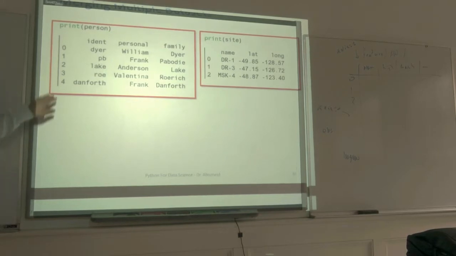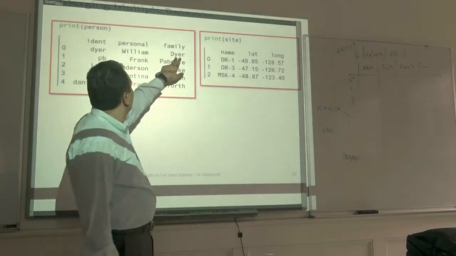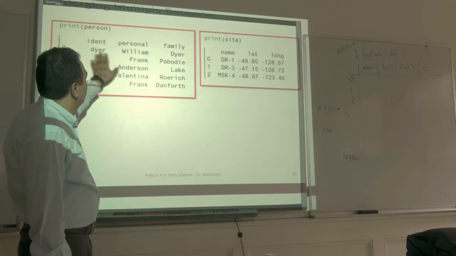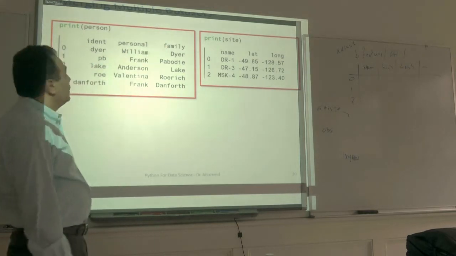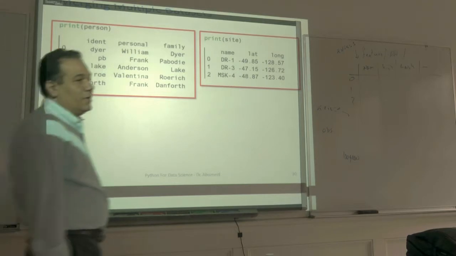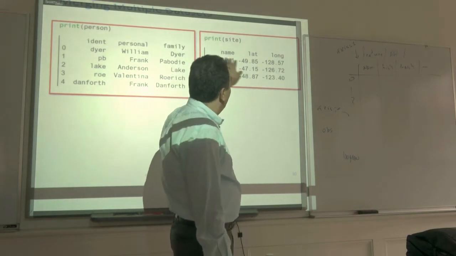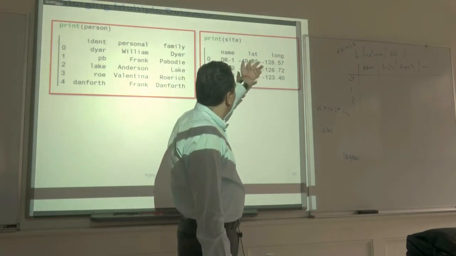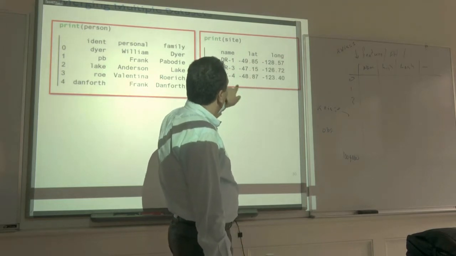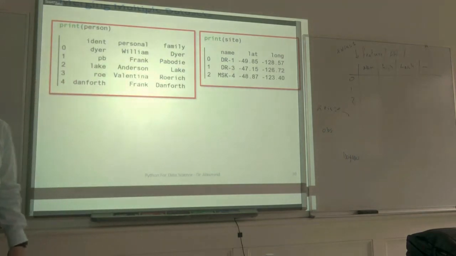All right, let's take a look at them. If I print person, how many columns does it have? 3: the identity, the personal name, the family name. That's the person. The site also has 3 columns: name, lat, long.